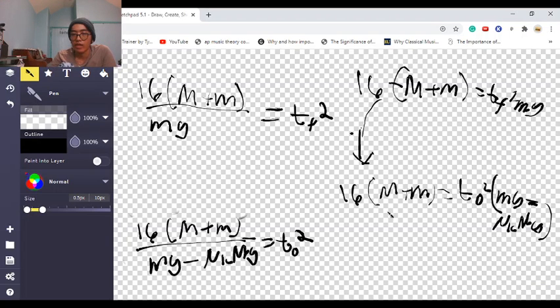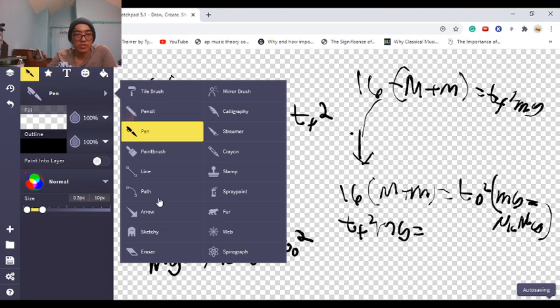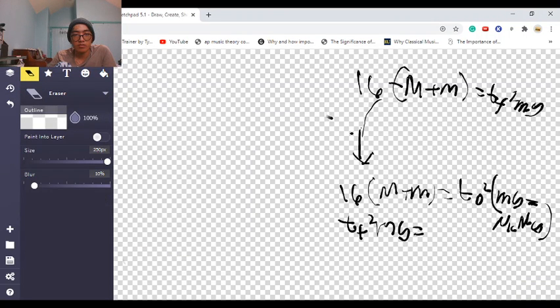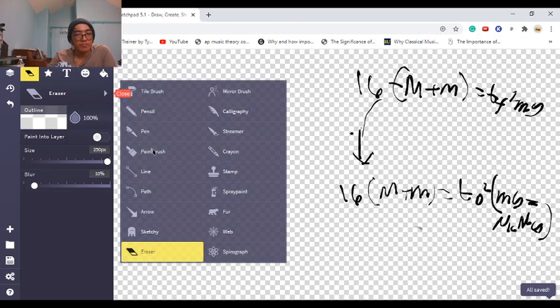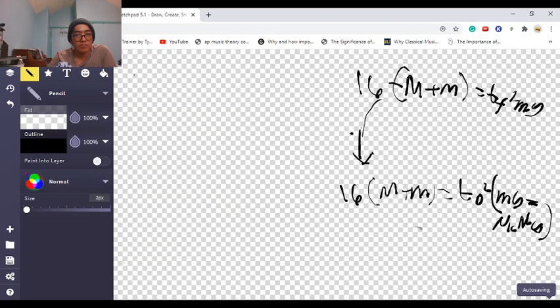So instead of saying 16m plus m, we can say time final squared mg would equal to, I'm just gonna start erasing, time final squared would equal to time initial squared times mg minus the frictional force, right?